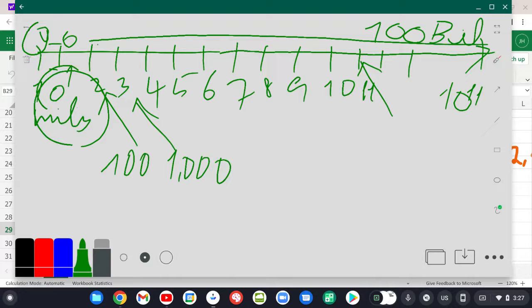In other words, this is basically condensing. It makes our job easier.